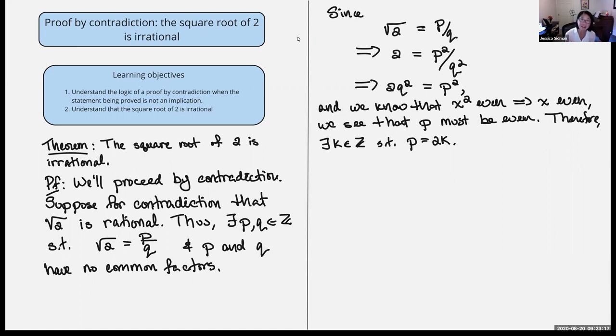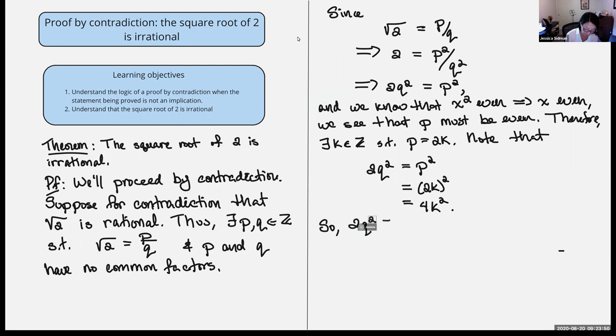And now we're going to start another computation. Note that, picking up from here, 2q squared equals p squared then has to be equal to 2k, the quantity 2k squared, which is 4k squared. So what do we have? We have 2q squared equals 4k squared.